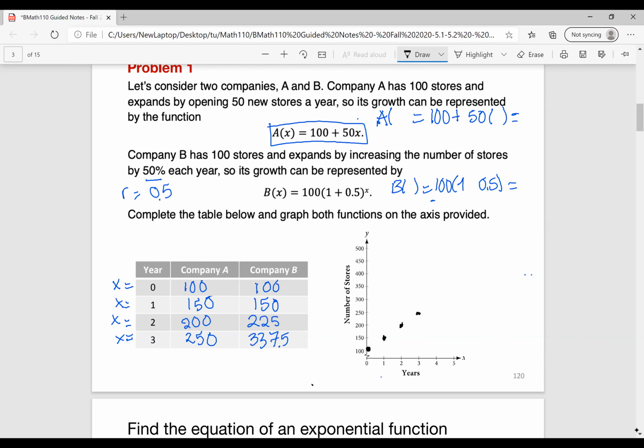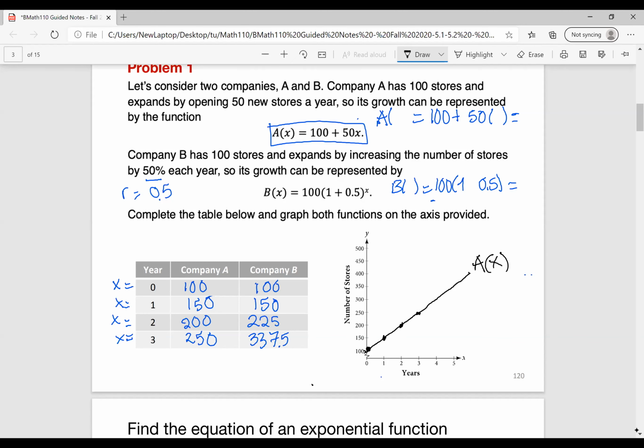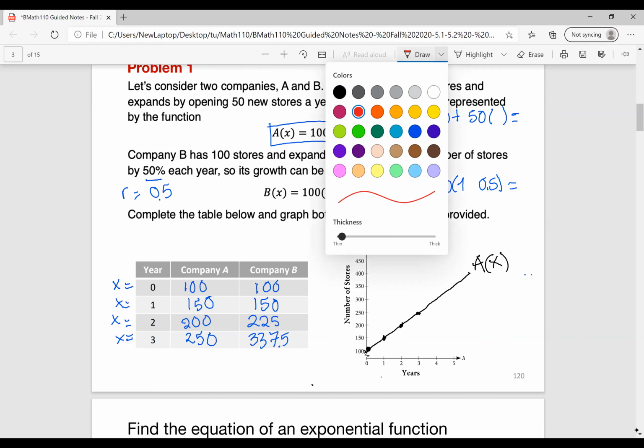I'll try to sketch a line. Okay, so this is a line, A of x. Okay, and let's use another color for company B.